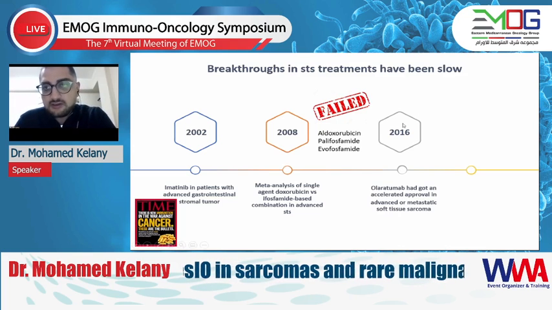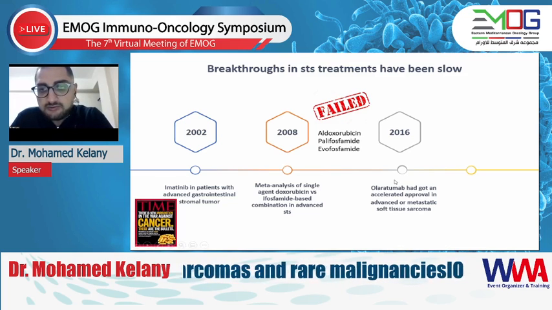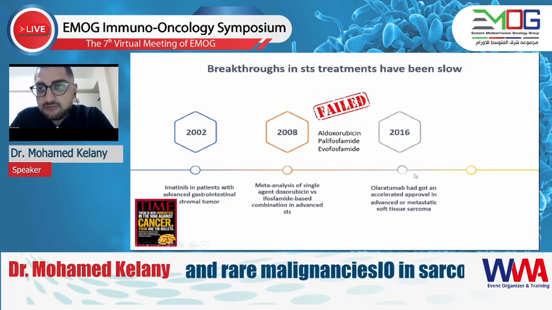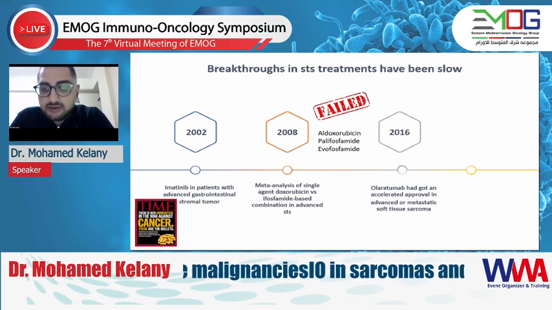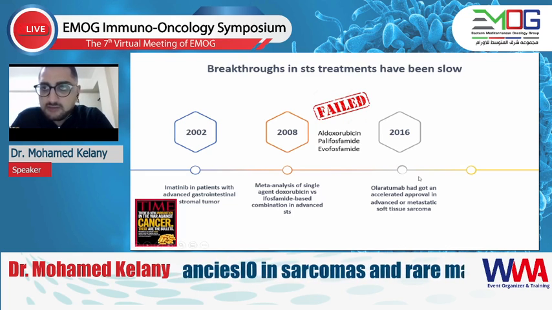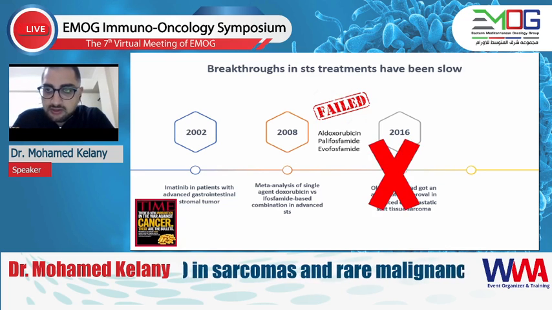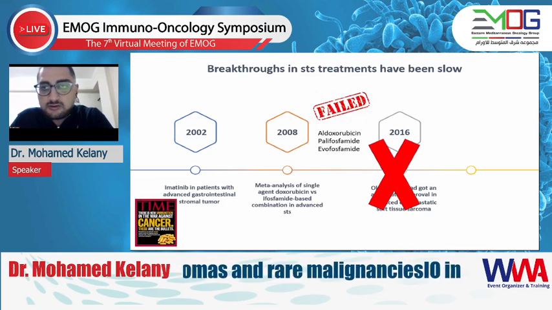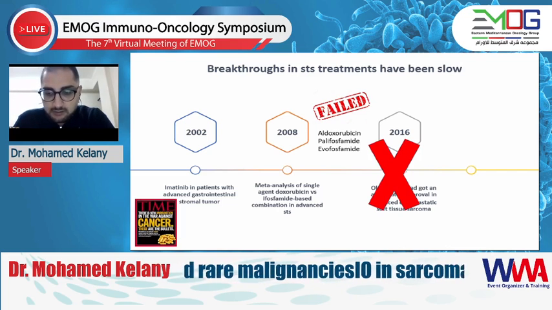In 2016, a strange issue came. Olaratumumab, an anti-PDGFR antibody, took accelerated approval from a phase 1b/2 trial, which improved overall survival when used with doxorubicin versus doxorubicin alone, with the same progression-free survival. But this accelerated approval was withdrawn in 2018 because the phase 3 trial showed no benefit of this combination versus doxorubicin alone.